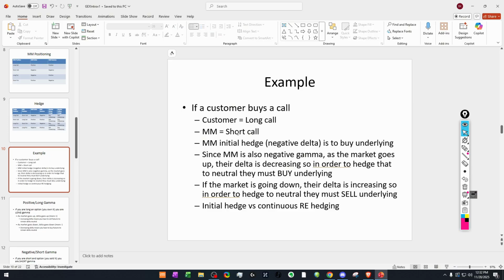And since they are short an option, short a call, they also have negative gamma. So the continuous rehedging, as they call it, is as the market goes up, their delta is decreasing. So in order to hedge that to neutral, they must buy the underlying. If the market is going down, their delta is increasing. So in order to hedge to neutral, they must sell the underlying.